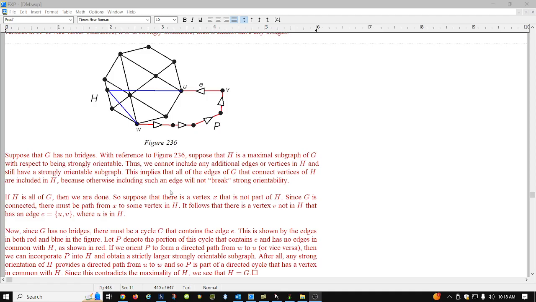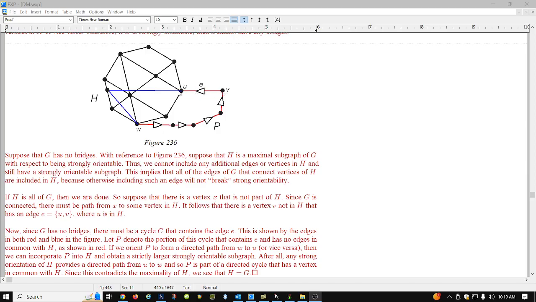So suppose there's a vertex, I'll call X, that's not part of H. Well, since G is connected, there's got to be a path from X to some vertex in H. In fact, to any vertex in H, but let's just say some vertex in H. And so it follows there's a vertex that's not in H that has an edge, which I called E, and I've shown it here.